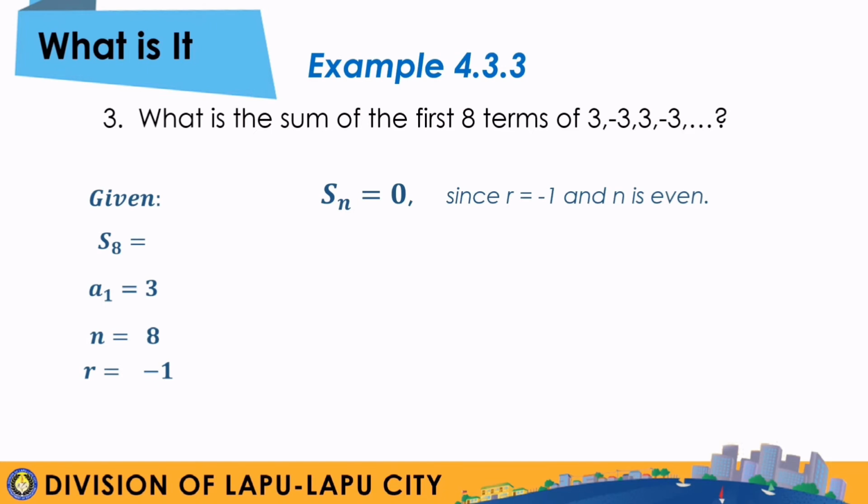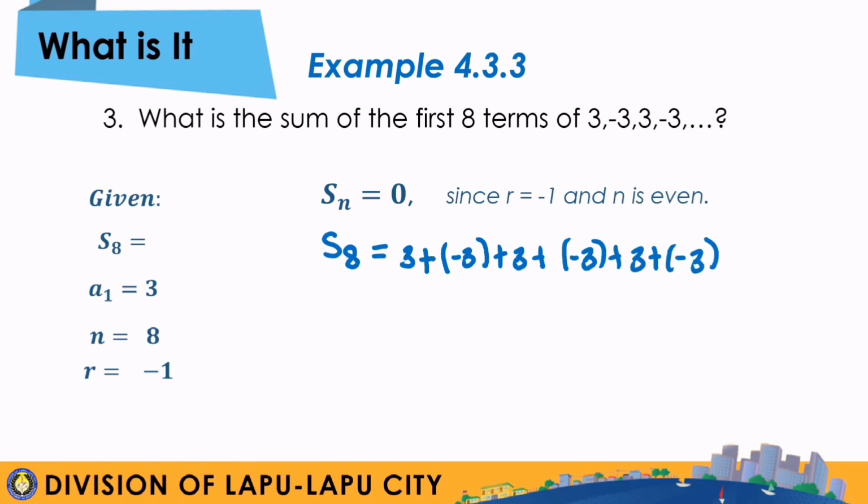So here, that is getting the sum of the first 8 terms, so that is S sub 8 is equal to. Now let me show you. Let's add manually the first 8 terms of this sequence. That is 3 plus negative 3 plus 3 plus negative 3 plus 3 plus negative 3 plus 3 plus negative 3.